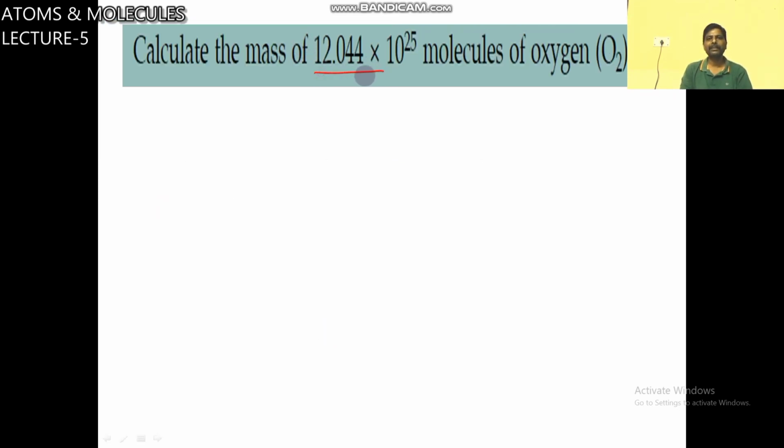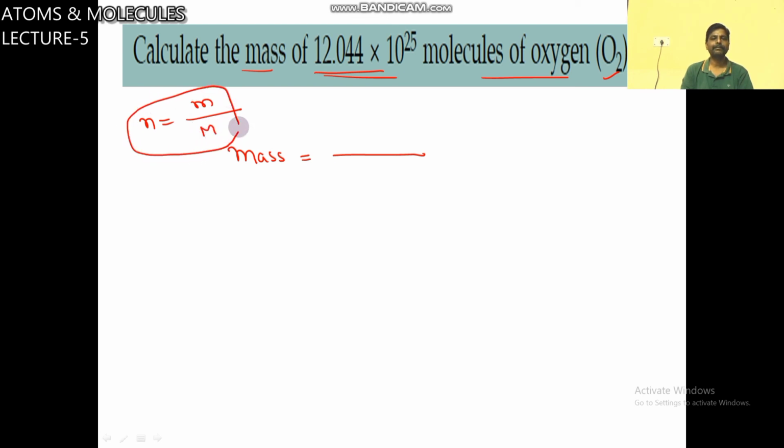Calculate the mass of these many molecules of oxygen O2. The number of molecules is given, O2 is given, and you have to calculate mass. From the first formula, number of moles is equal to mass divided by gram molecular mass, so mass is equal to number of moles into gram molecular mass.